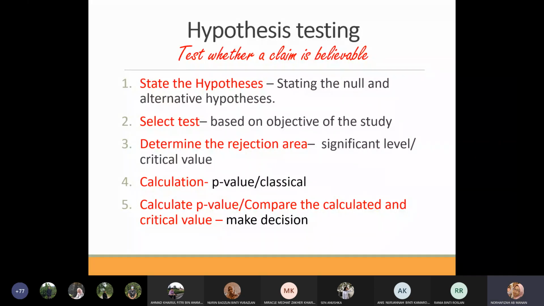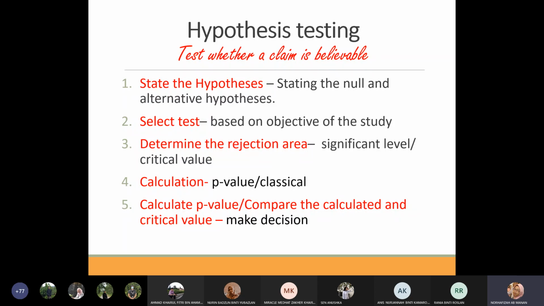And then after you develop that statistical hypothesis, you try to find the appropriate test to use to achieve the objective of the study, to test the hypothesis. So you select the appropriate test. The test, what I mean here, is like t-test, ANOVA, correlation, regression. That's all the statistical tests.